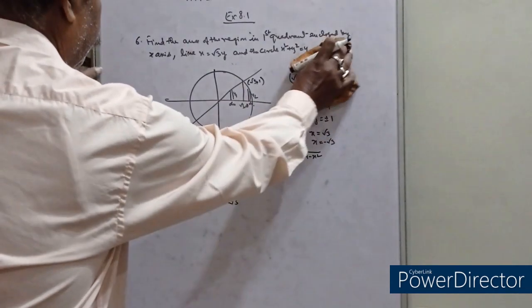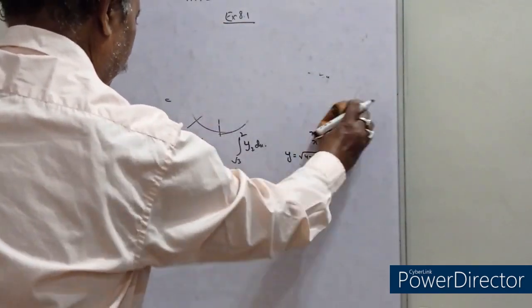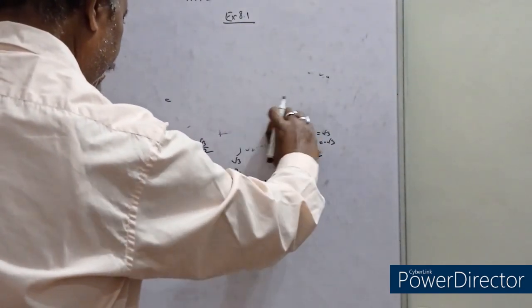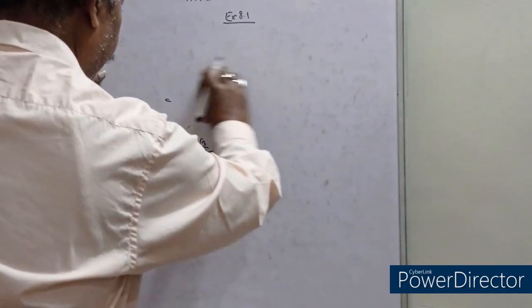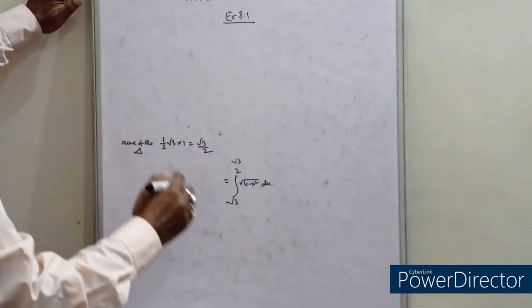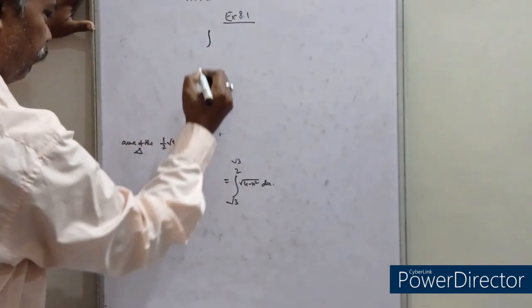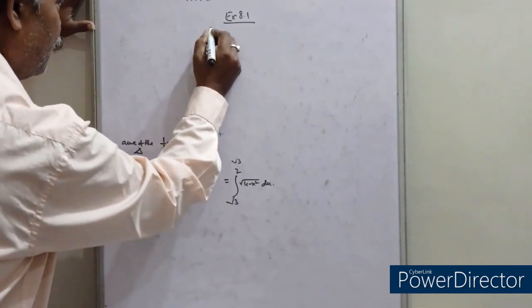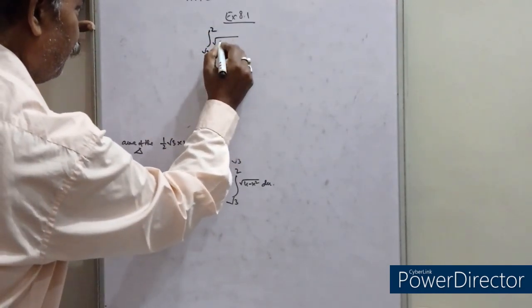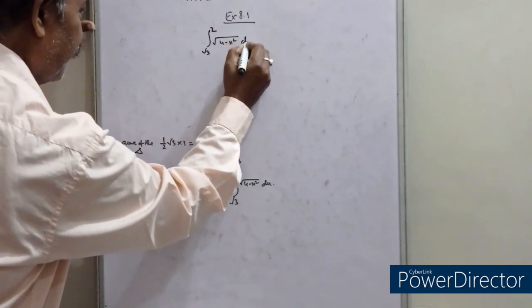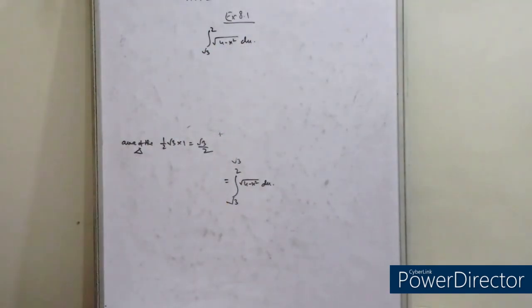I am going to integrate it. So here you see, the integral from root 3 to 2 of root over 4 minus x square dx. The same formula I am going to apply here again.